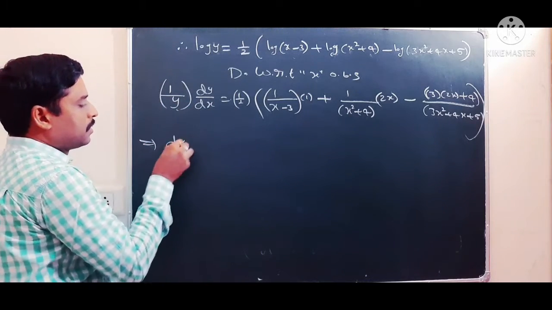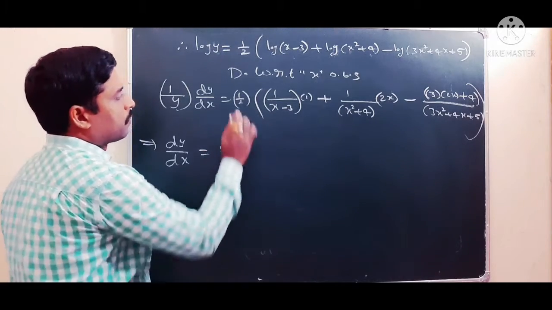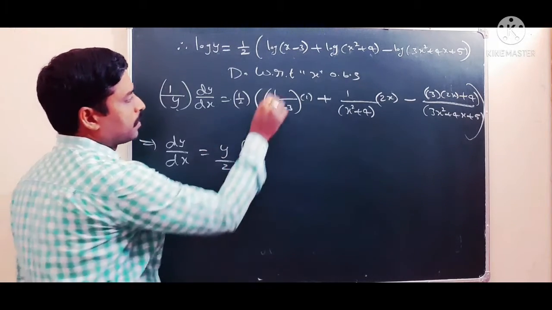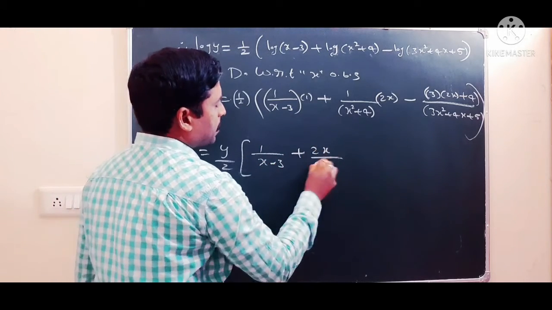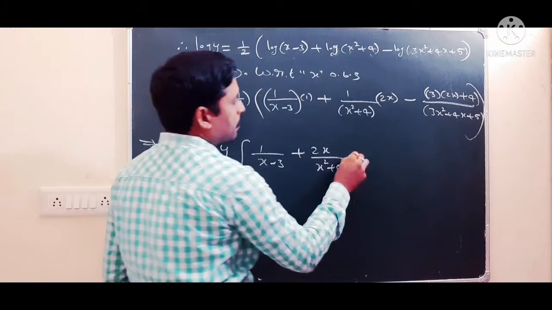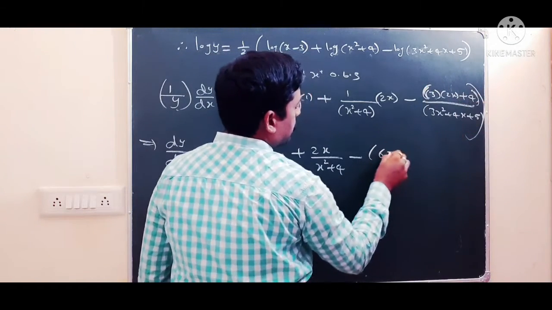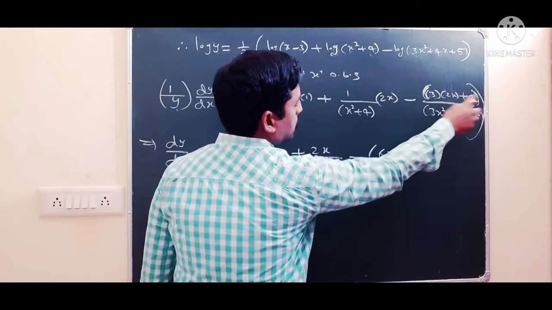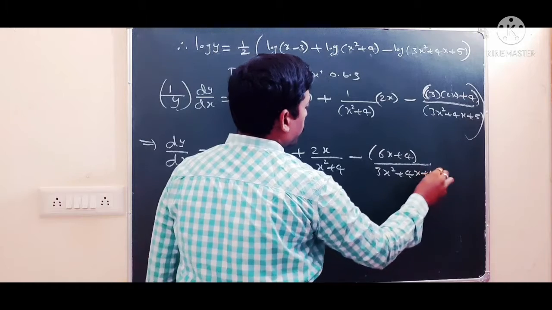Dy by dx is equal to y times of 1 by 2 times of 1 by x minus 3 plus 2x by x square plus 4 minus this value, 6x plus 4 by 3x square plus 4x plus 5.